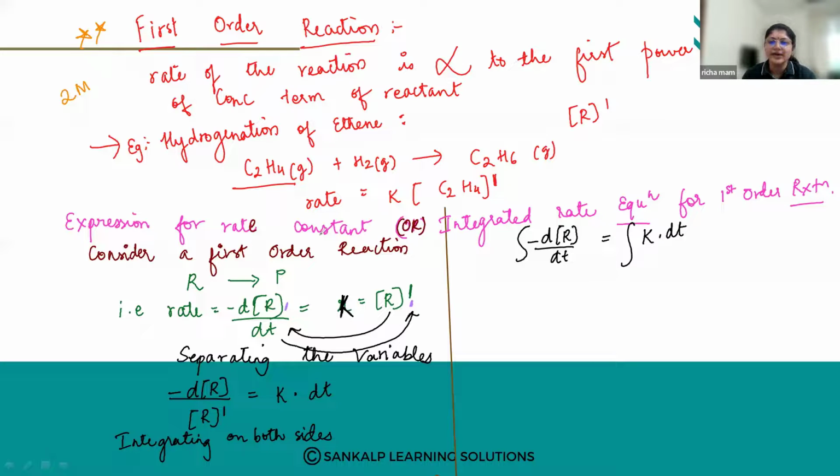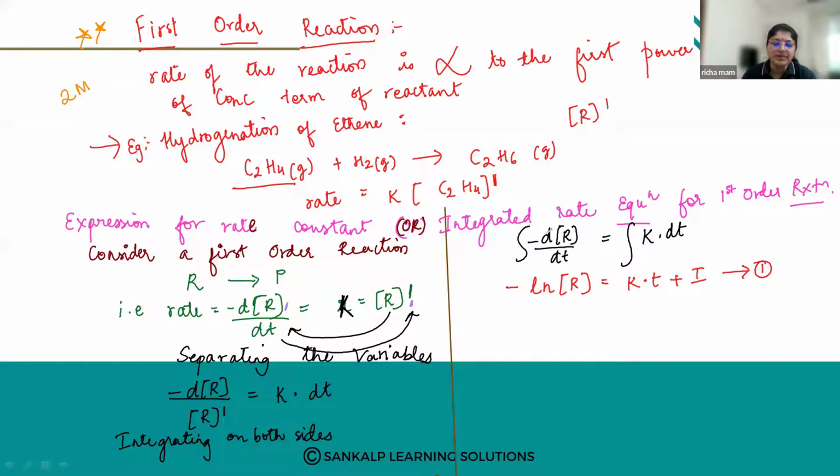What will be the expression? Minus ln of [R] is equal to k into t plus I. So this is equation 1.